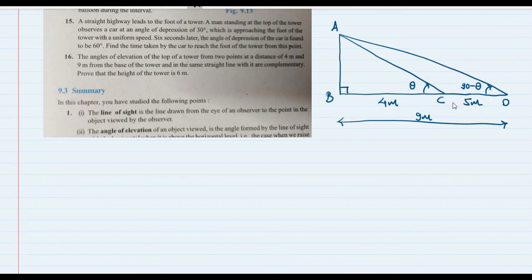So we have to find the height of the tower. Let the height of the tower be h for a moment. What we are going to do is take two right angle triangles because that's what we have. So in triangle ABC, tan theta is opposite upon adjacent.